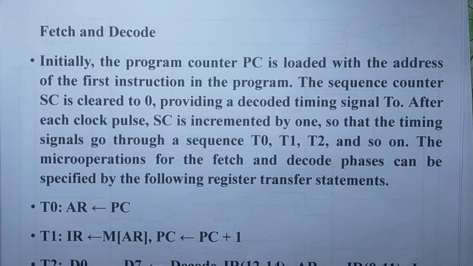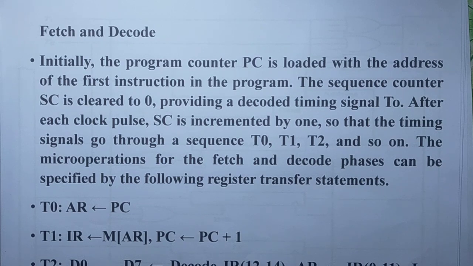Next is the sequence counter, SC. Initially it is 0, meaning not counted, and after different parts are assigned over a certain number of time steps, the sequence counter will be increased.